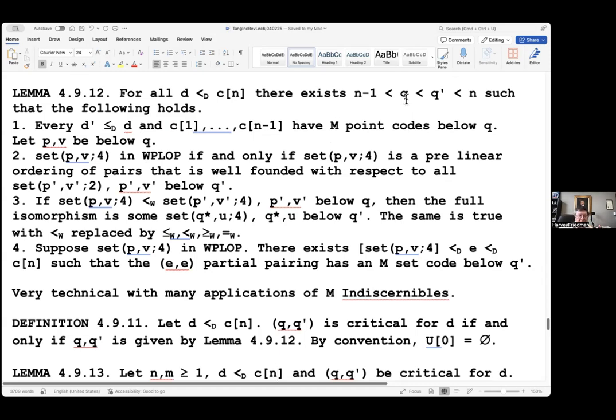Okay. And then we need to know that a whole bunch of other things, when true upstairs, actually have a witness below Q prime. If you're looking at stuff below Q, there are some related things that, if they exist at all, are going to be below Q prime. That's what this is about.